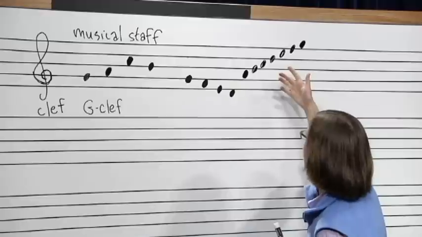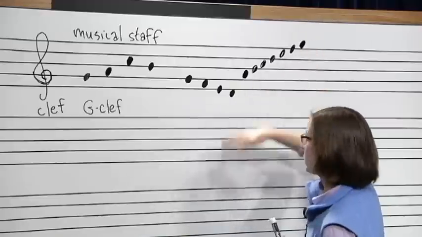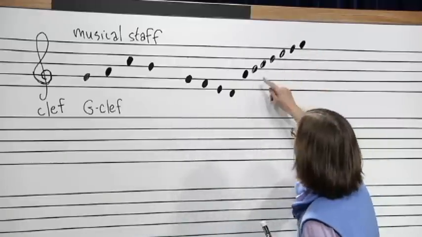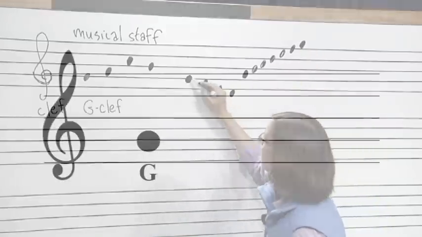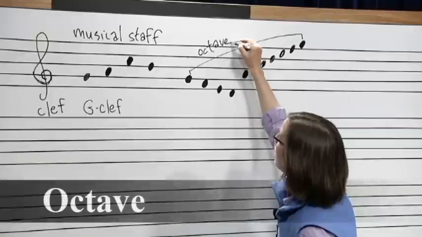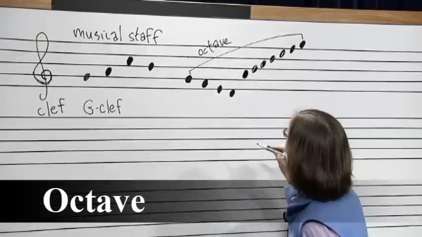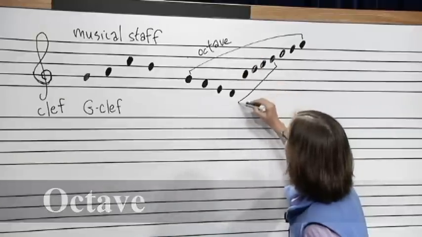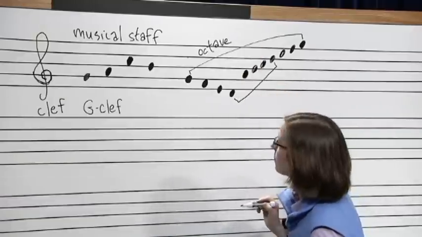One thing is that since these notes start over again, we actually have a couple of the same notes here. Like here's a G, and then there's a G all the way over here, like that. And when that happens, we've just created an octave. And you can find a few more, like there's one, for example.